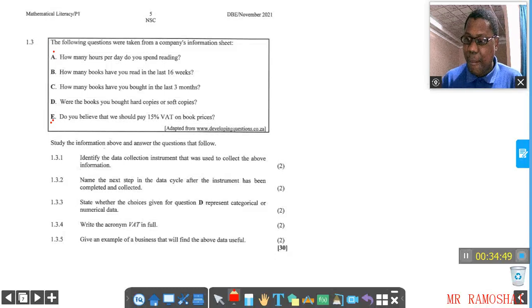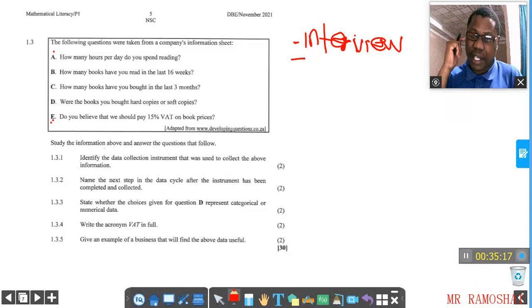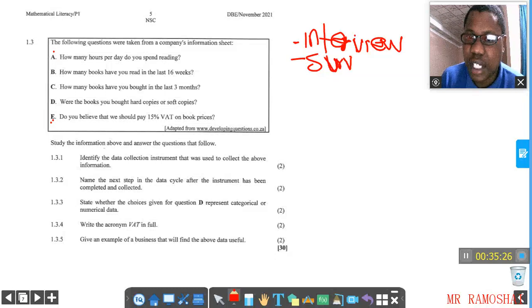No, it cannot. But someone can say the instrument that was used here is an interview. Why would this person say this? Because during the interview, the interviewer is going to write these questions down on a paper. So that is the instrument they are using to collect the data, right? That paper, we call it an instrument. Another person can say they used a survey, because in a survey the questions have been written down.